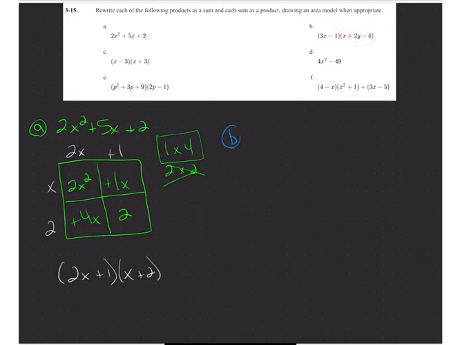So if I have 2 terms and 3 terms, then to find out my area, I need to make a little bit bigger box. I have to make it a 2 by 3. And then I'm going to put my 3x minus 1 on the left, and then x plus 2y minus 4 on the top.